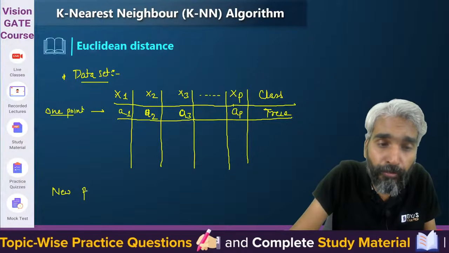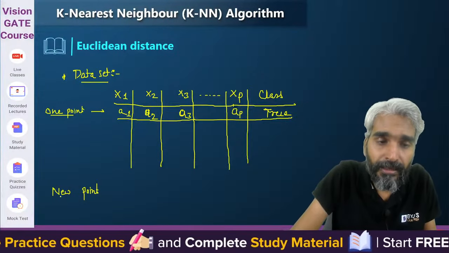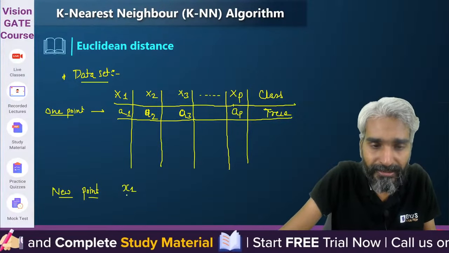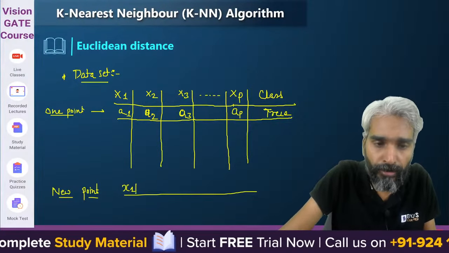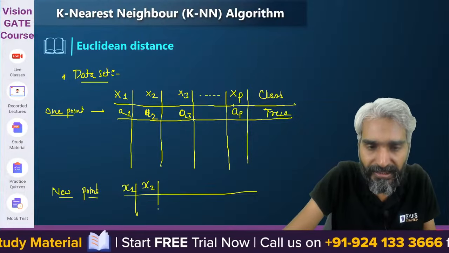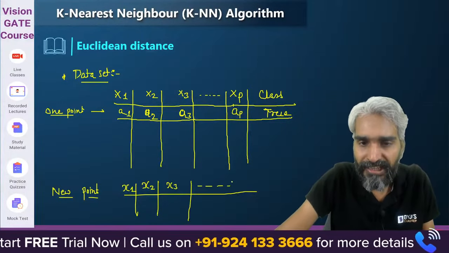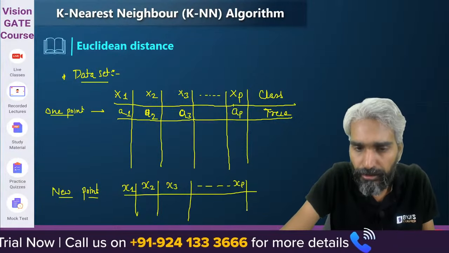Now the value of x1 for the new point is known, the value of x2 is known, the value of x3 is known, and similarly the value of xp for this new point is also known.